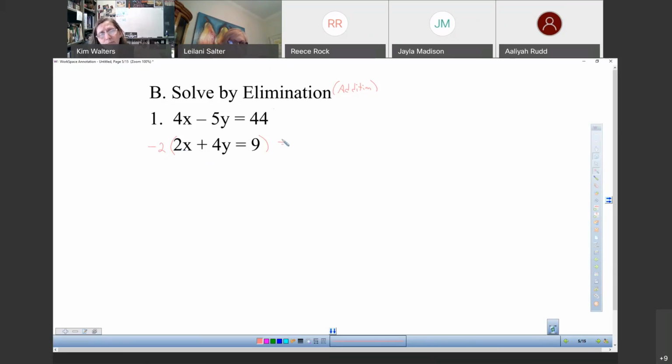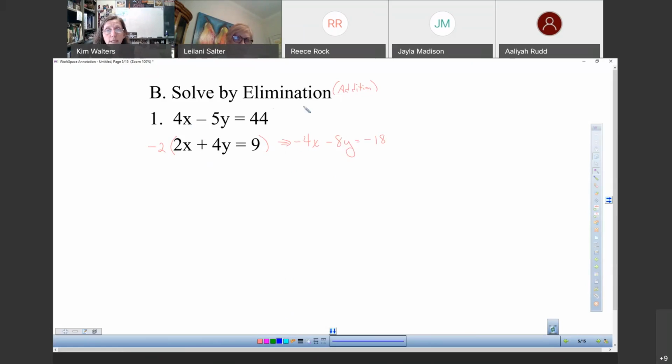Because what that's going to give me in my second equation is a -4x. It is going to give me a -8y. It is going to give me a -18. But the -4x is the key element here. I need to have the same number with the opposite sign. So I need my x's to have the same coefficient, one be positive, one be negative. And if I can make that happen by multiplying everything on one equation by something, then that's what I'm going to do. And that's going to allow me to eliminate a variable.